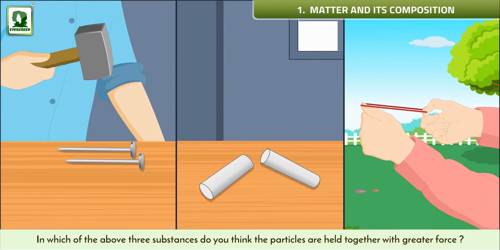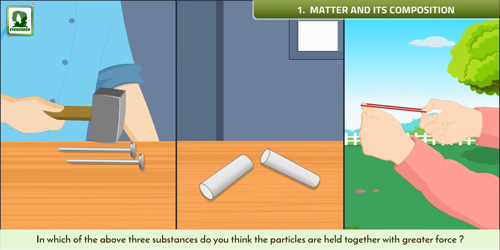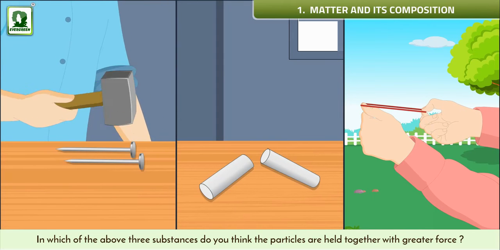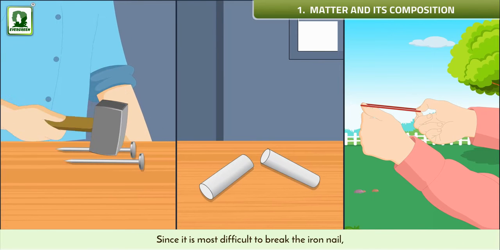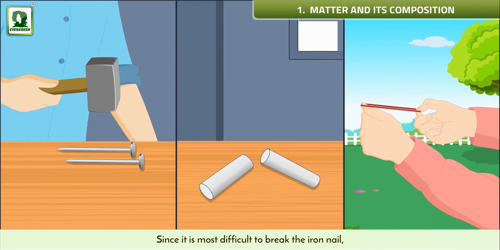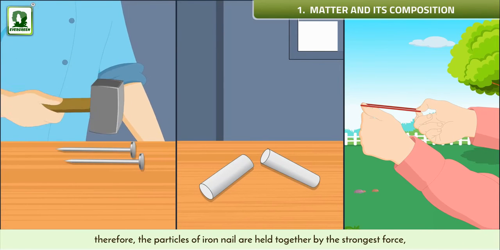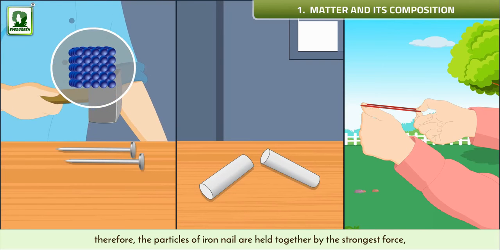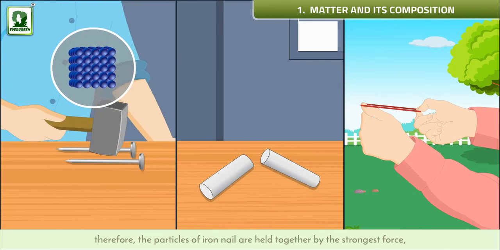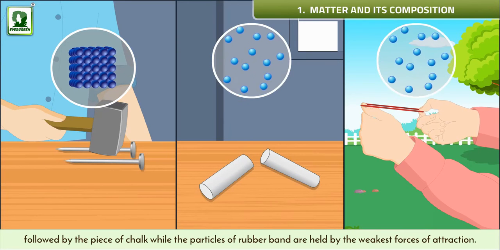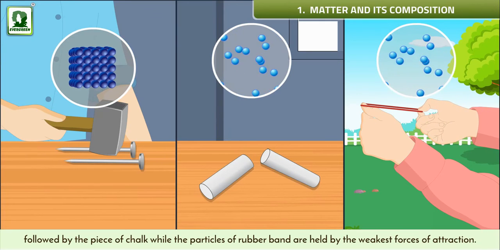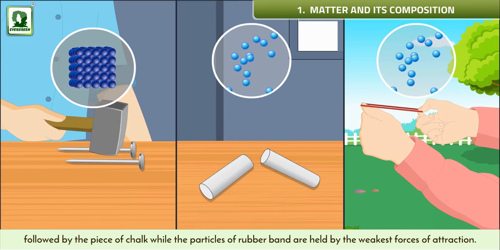In which of the above three substances do you think the particles are held together with greater force? Since it is most difficult to break the iron nail, therefore, the particles of iron nail are held together by the strongest force, followed by the piece of chalk, while the particles of a rubber band are held by the weakest forces of attraction.